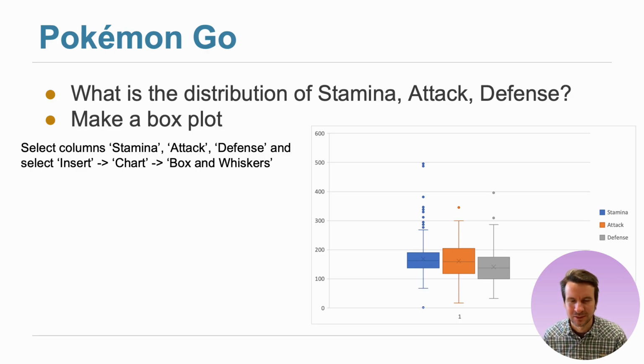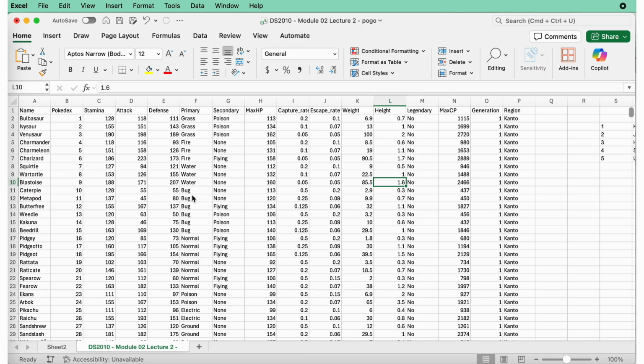So you can create it by selecting the 3 columns, and then in the menu you have to click insert chart, box and whiskers, and we'll describe the chart in a little bit. Create a box and whiskers chart for stamina, attack, and defense.